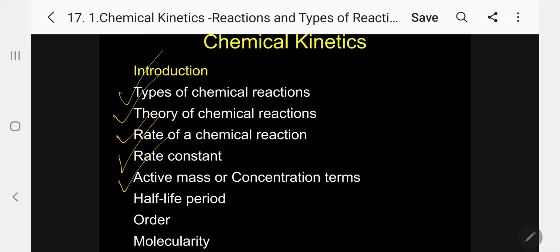Number six, active mass or concentration terms involved in chemical reactions. Half-life period of chemical reactions. Order of chemical reactions and molecularity of chemical reactions. These are the subunits we are going to discuss. Today I am concentrating on types of chemical reactions.